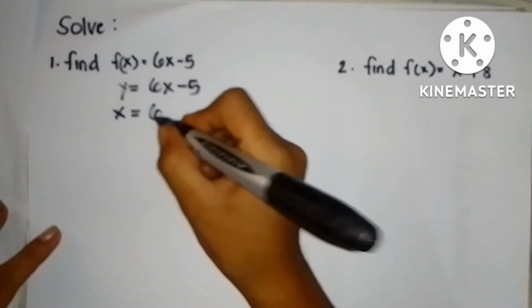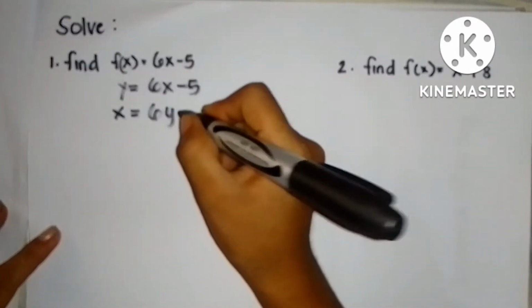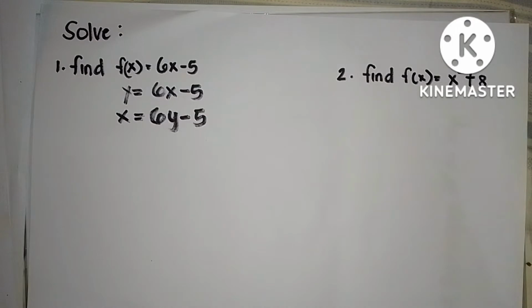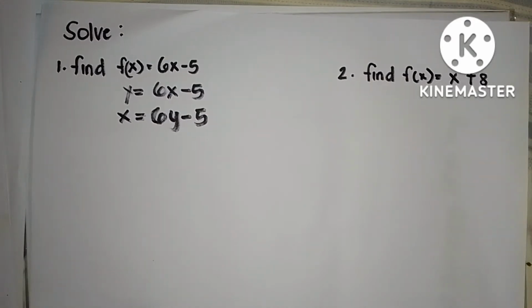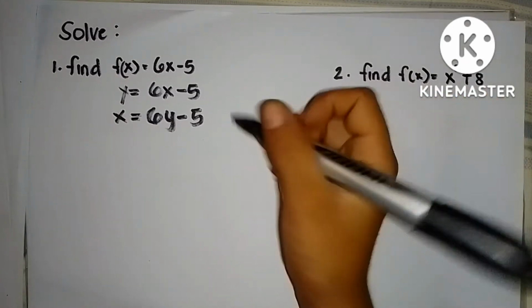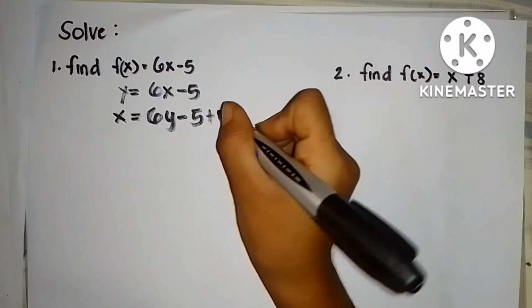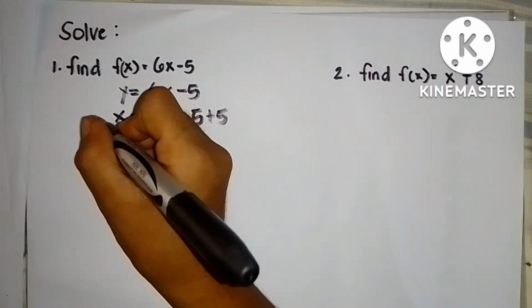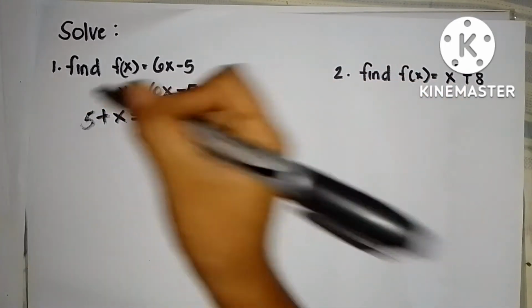So this will be x equals 6y minus 5. And then solve the equation for y. To solve, by additive inverse, we need to add both sides by positive 5. So we add positive 5 and plus 5.